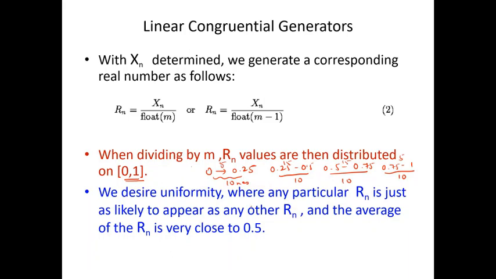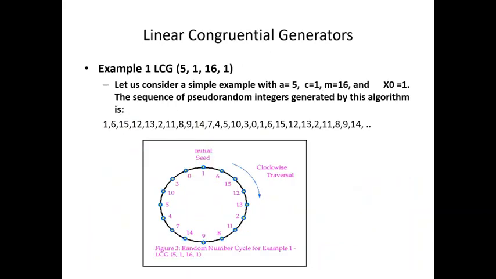If the distribution is not as uniform, then it is not very close to random. So what is the midpoint of these two? It is 0.5. That's why we need the total computation of Rn to be as close as possible to 0.5. Remember that. Now let's take some example LCGs.